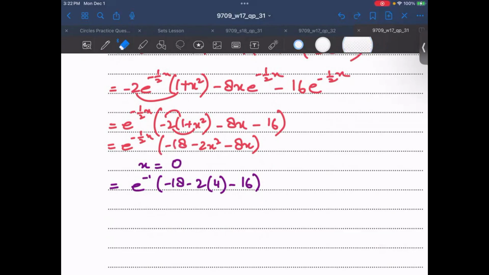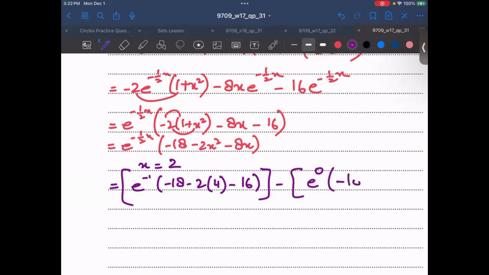So this will be x equals 2 over here. And then substituting x equals 0, we'll get e to the power 0 into minus 18 minus 0 minus 0.